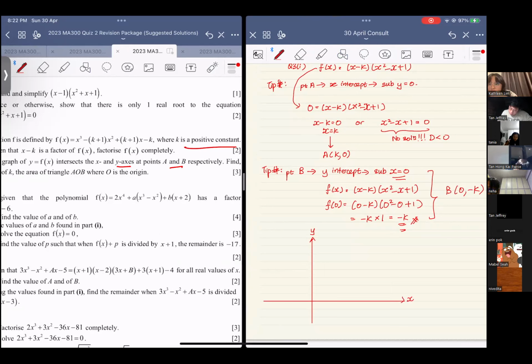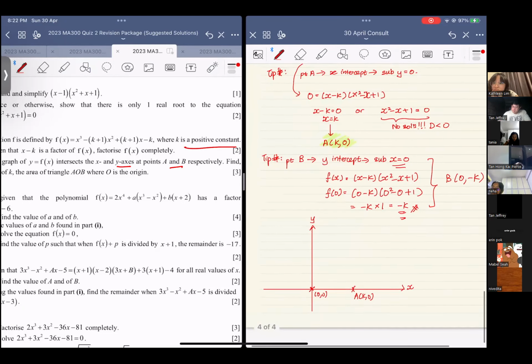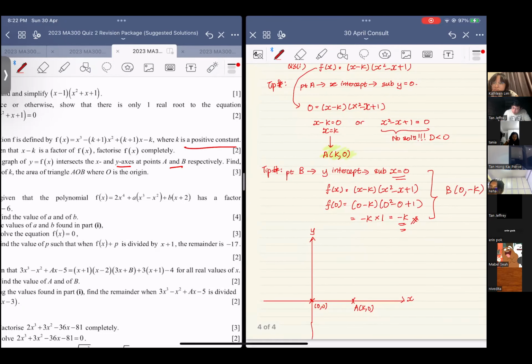The point (k, 0) will be somewhere here. The origin O is somewhere here, which is (0, 0). (0, negative k) is below, and this is probably my point B.